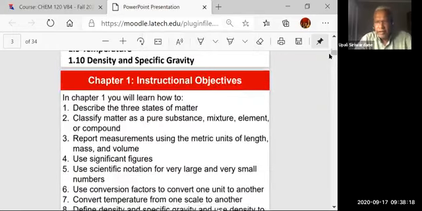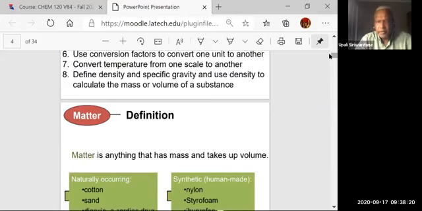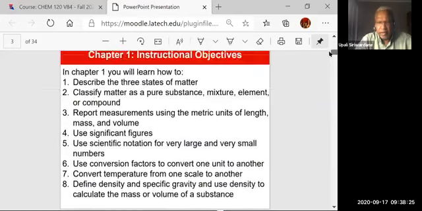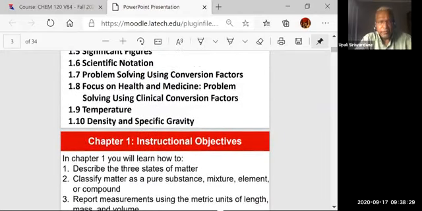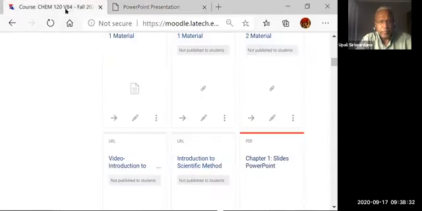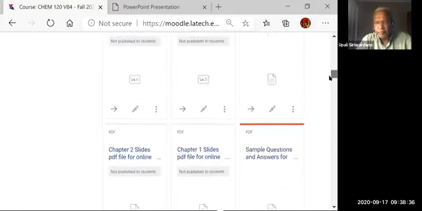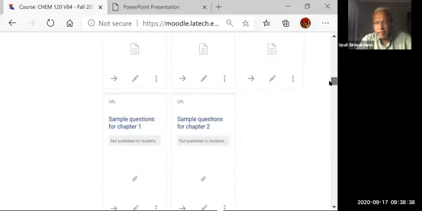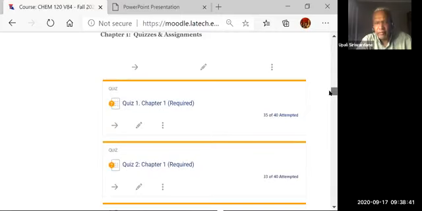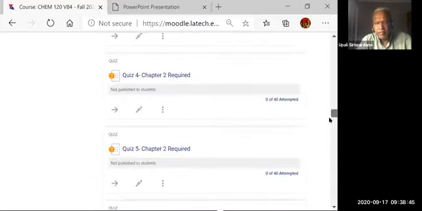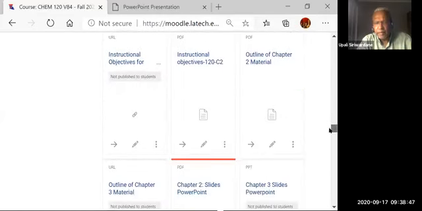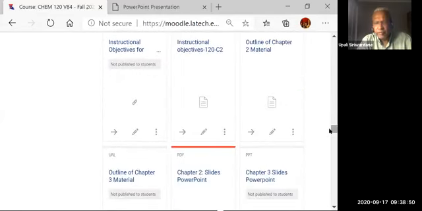Okay, chapter 1 is pretty straightforward. I will worry more about chapter 2. Let's start doing chapter 2 because we have a test a week from now, close to the 25th.